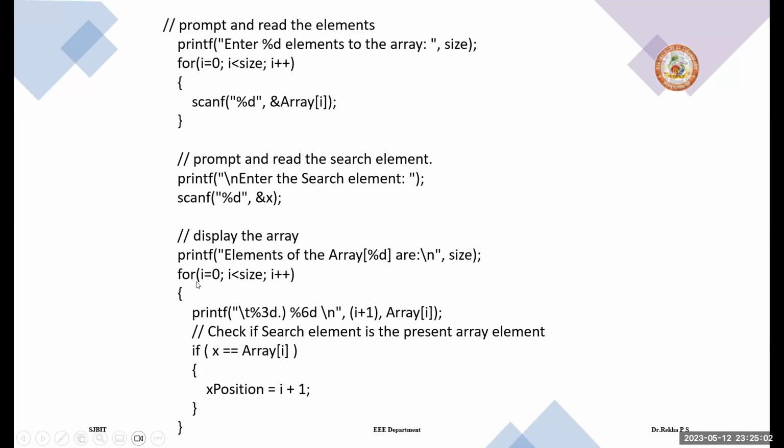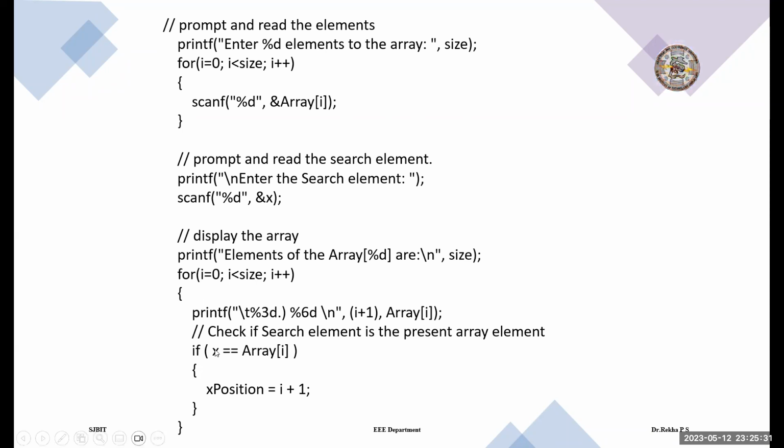For i equal to 0, i less than size, i plus plus. You have to use printf because you are displaying. First, it will print array[0], then array[1], like that. In the process of printing, you are supposed to check the value, because x is a variable in which the value to be searched is entered.